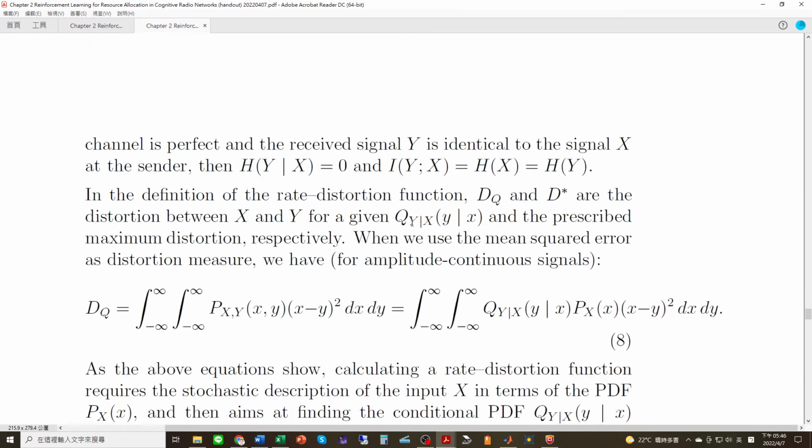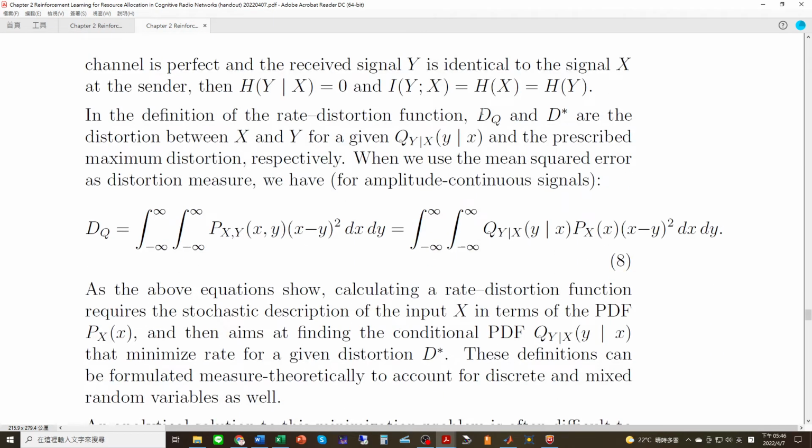So dq and d star are the distortion between x and y for a given q of y given x, that is the conditional PDF of y given x, and the prescribed maximum distortion, respectively.